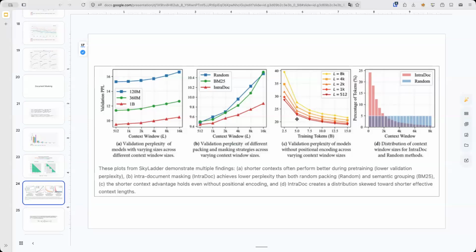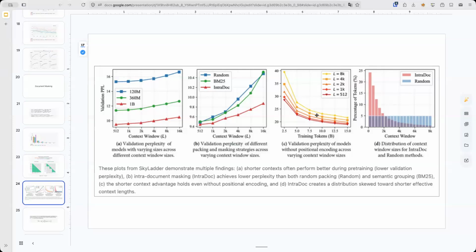Now we can see that the curve for the smallest context length has the smallest perplexity across the entire training process, right? So this red line. And the curve for the longest context has the highest perplexity, which corresponds to this chart as well.